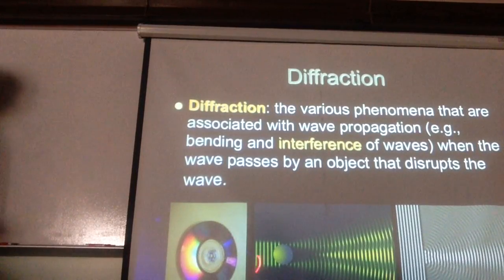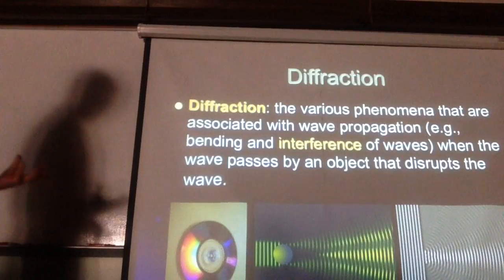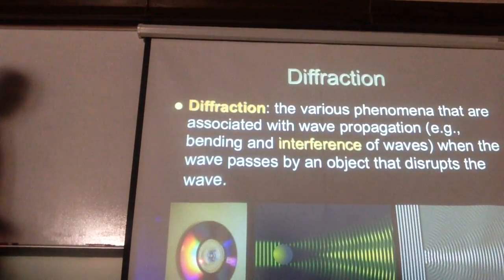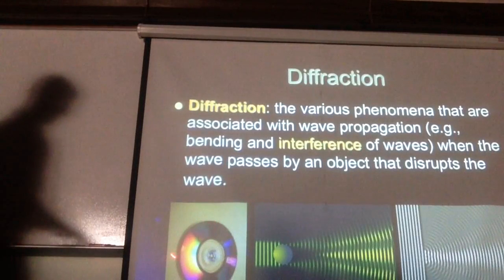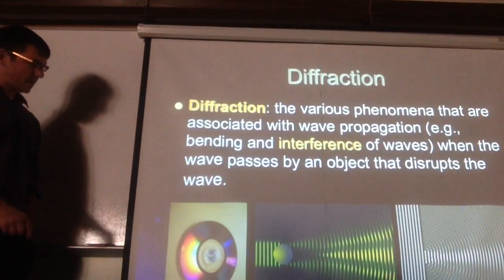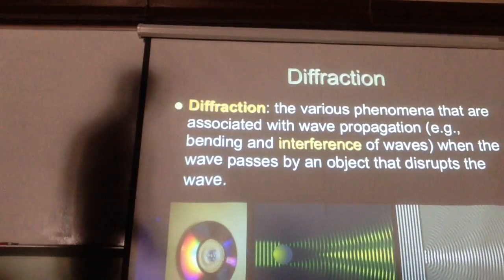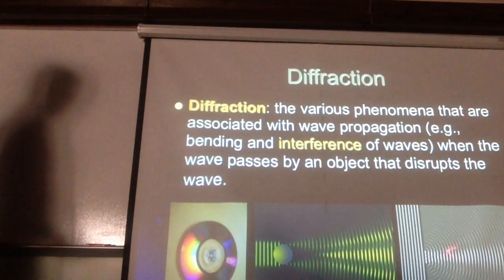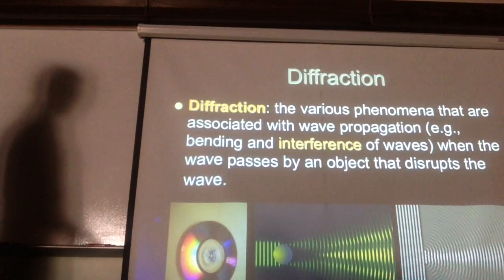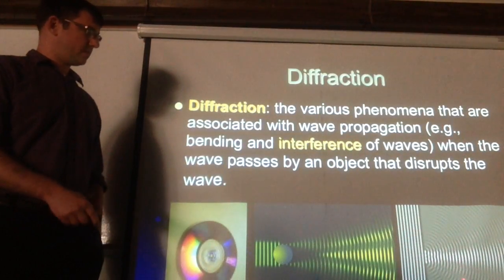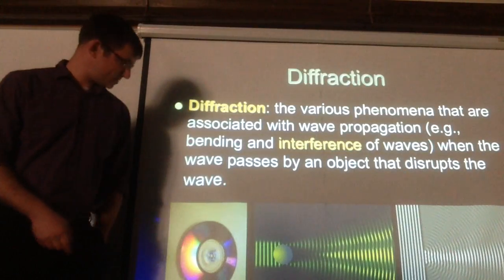Here we have an example of a CD where you turn it upside down and you shine light on it, and the light ends up being diffracted into all the different colors. We could also look at it from the standpoint of sound, or light in the form of waves as well.